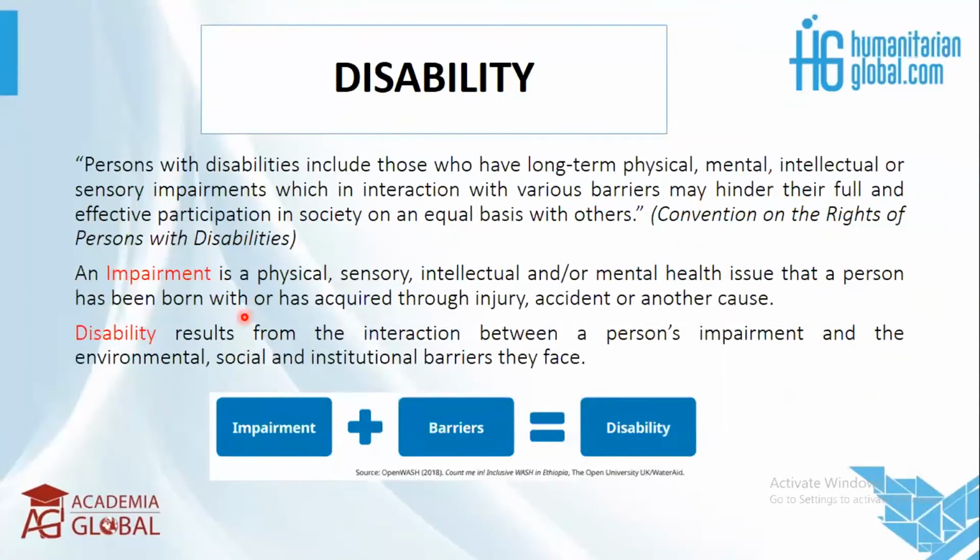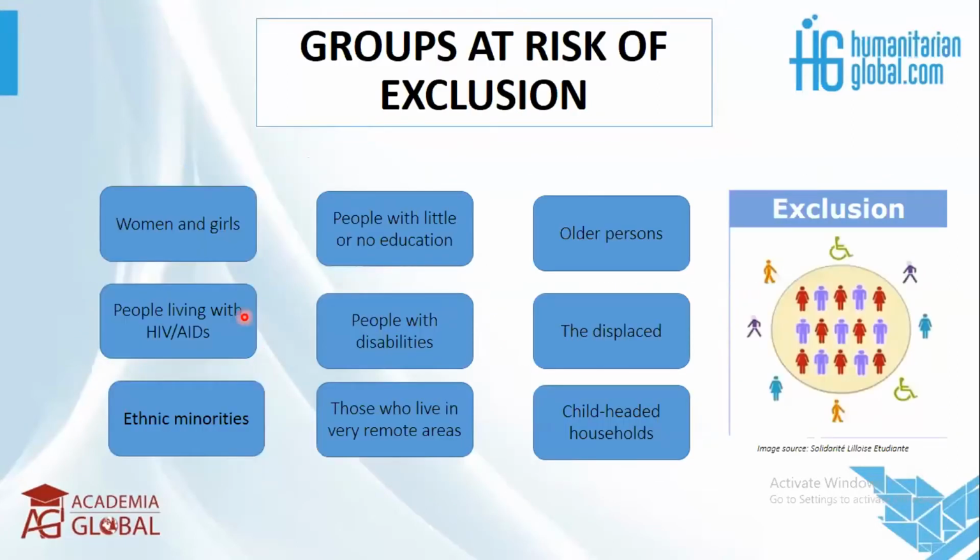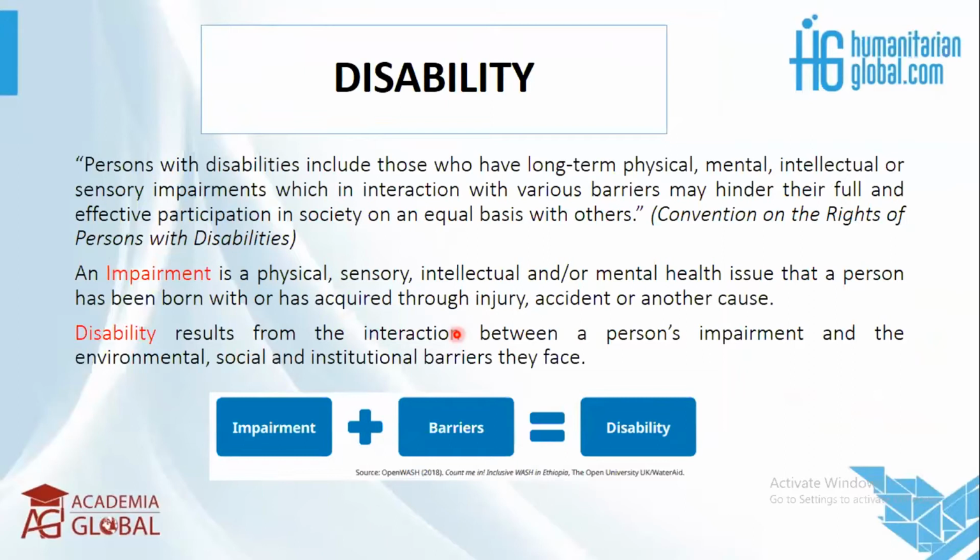So let's go a bit and define some of the groups that we're talking about for us to get an understanding. What do we really mean by, for example, disability? So let's just begin with this group, people with disabilities. What is the definition of people with disability? I took this definition from the Convention on the Rights of Persons with Disabilities, how they define disability.